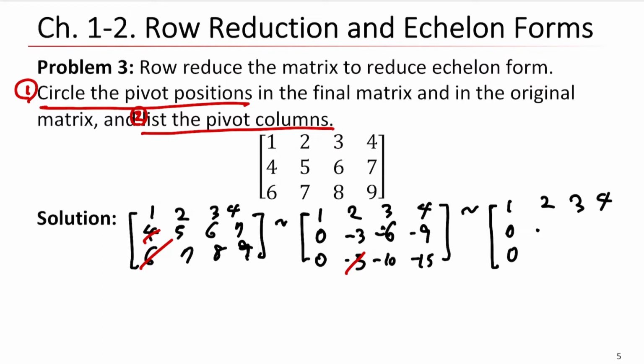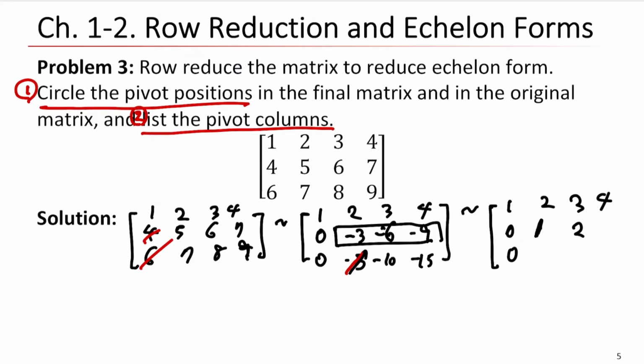By the way, to remove this one, we can first normalize this row to a 1, because if we have a 1 in the pivot position, it helps to eliminate this term efficiently. So let's normalize this row first.